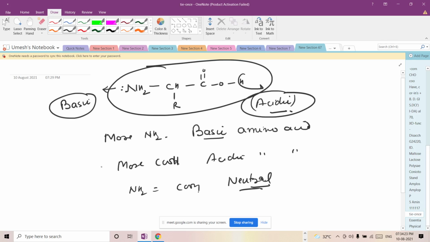I want to ask a very simple question from this. What do you conclude from the structure? Is it an ionic compound or is it a covalent compound? You have to tell me. Write in the chat box.